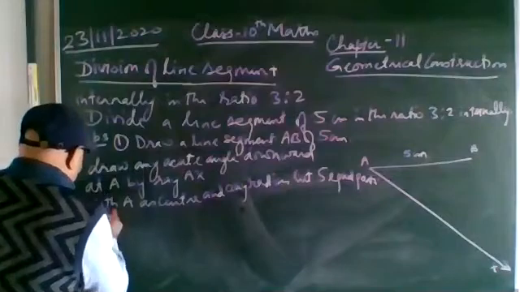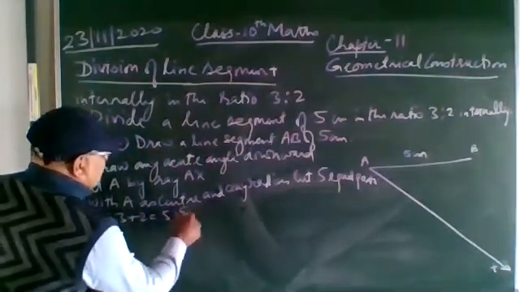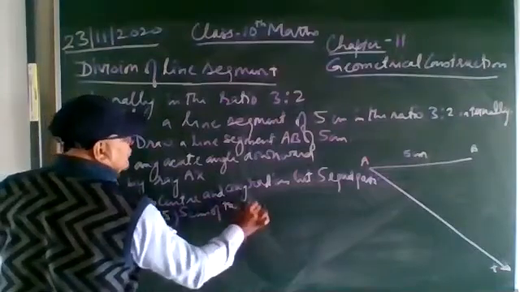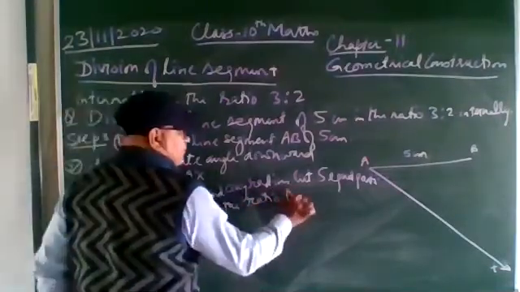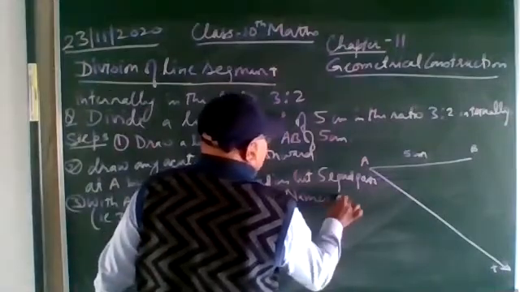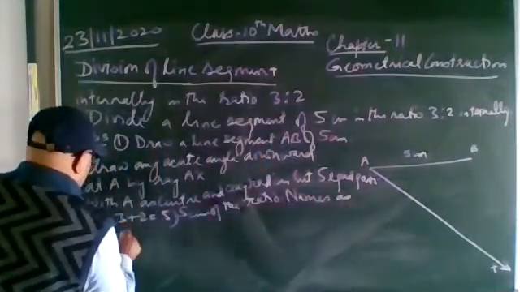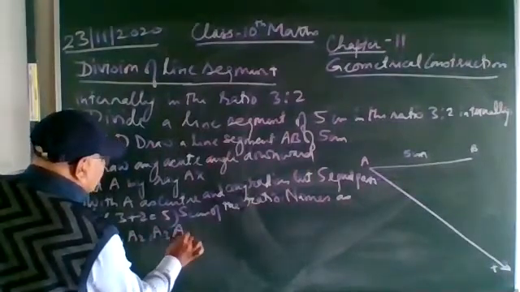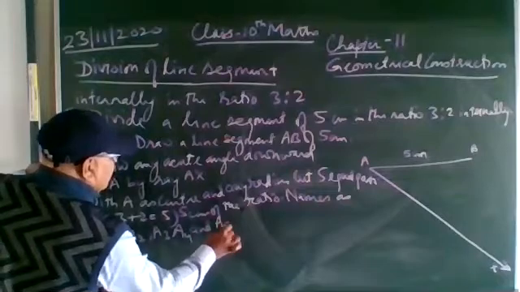That is 3 plus 2, 5, the sum of the ratio. Name them as A1, A2, A3, A4 and A5.